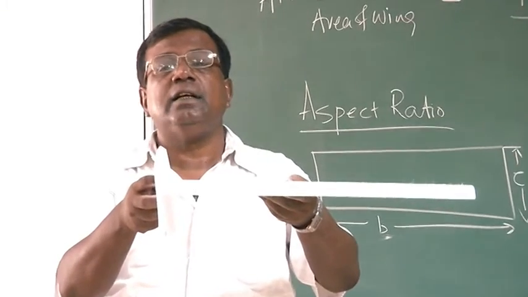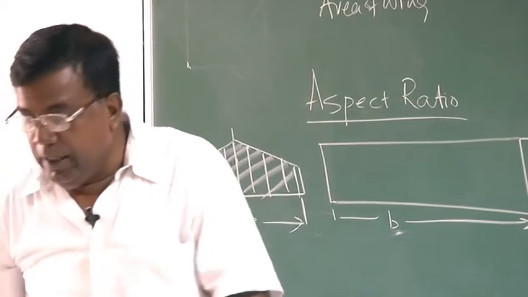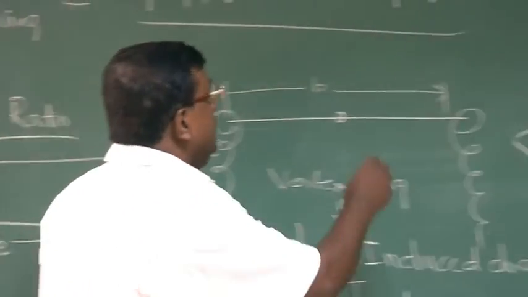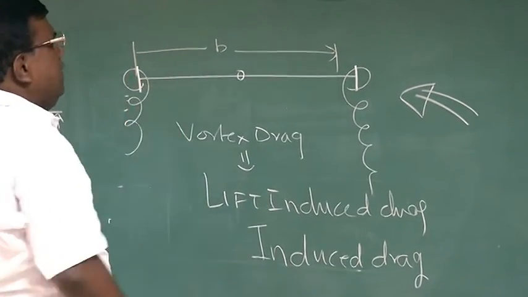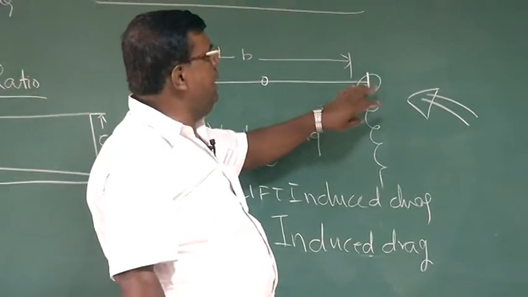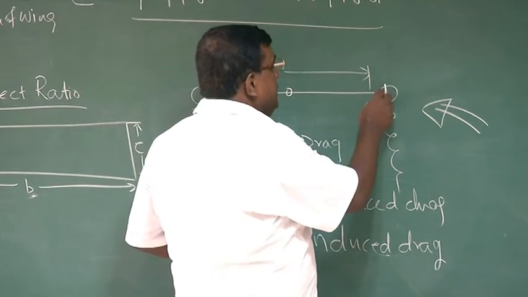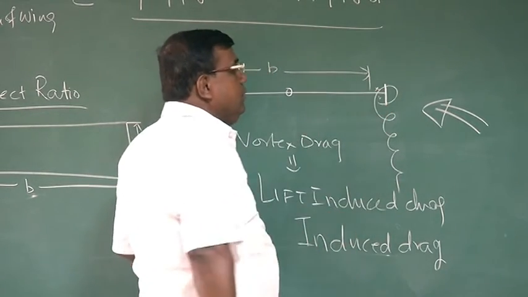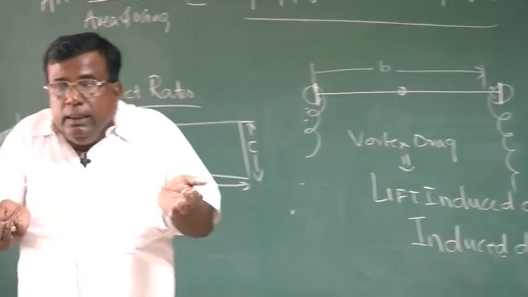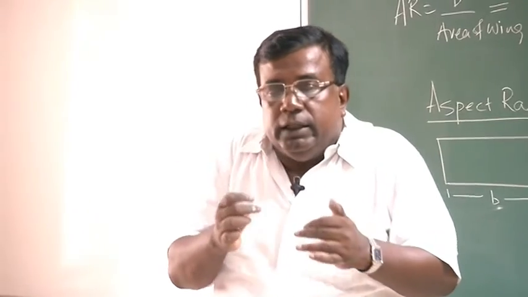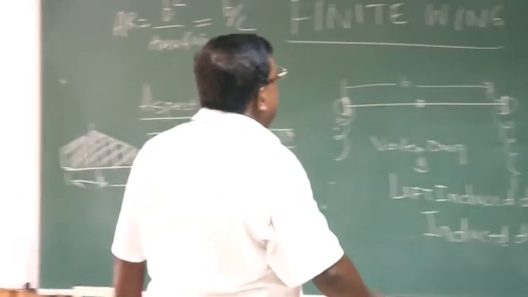And this is the basic concept behind winglets. You'll find many airplanes have winglets. That is, you put some surface here. There are many variants of design for winglets, but the concept is, by putting this, you are physically separating these two portions, bottom and top, so that there are fewer vortices. So winglets is the concept that is used.